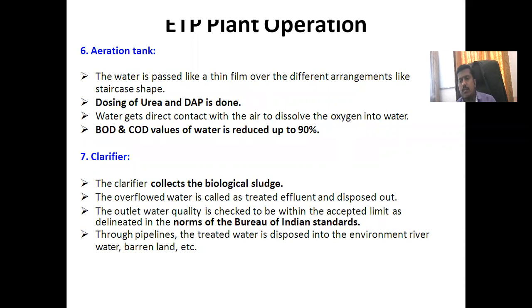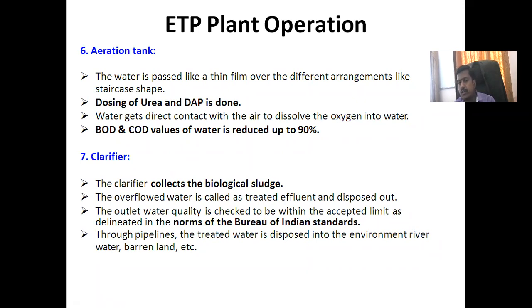Aeration is nothing but bringing the water in close contact with the air to increase the dissolved oxygen in that particular wastewater. And it also helps us to reduce the biological oxygen demand, BOD, or chemical oxygen demand, COD, values of that water. Okay. Then the clarifier is there.